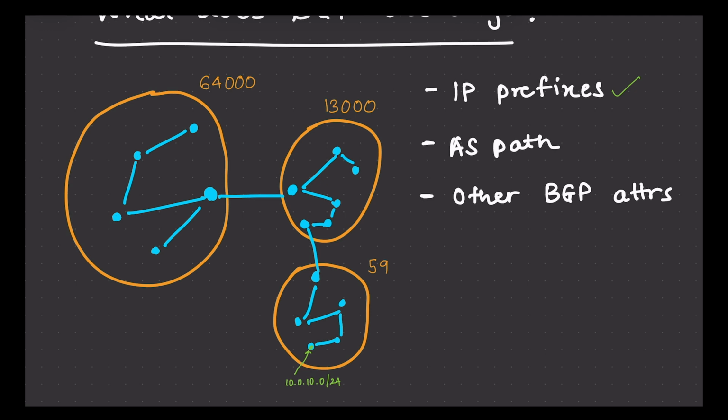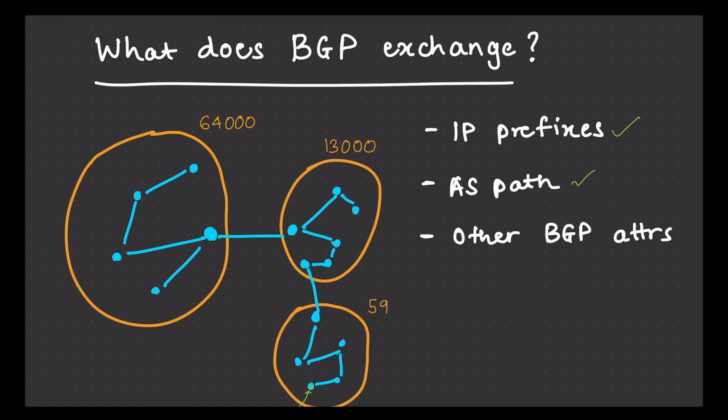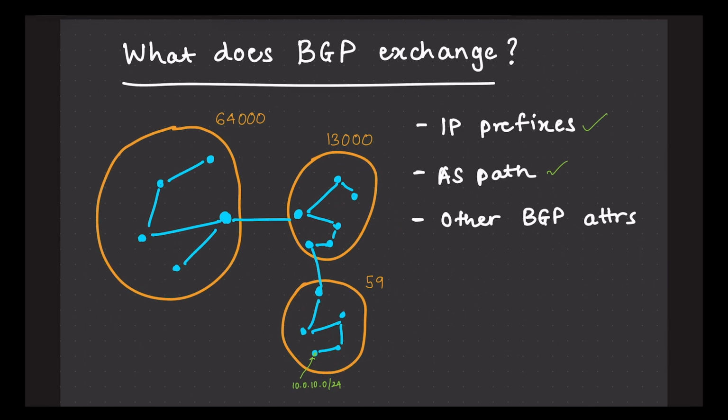So this AS, which is AS59, can announce saying that I can reach the network 10.0.10.0/24. Some other things that BGP exchanges is also the AS path, as we have previously seen. There are a few other attributes which are also used for policy decision making.